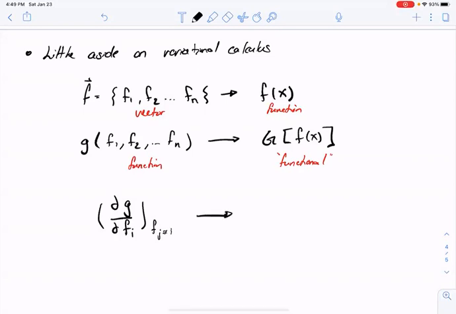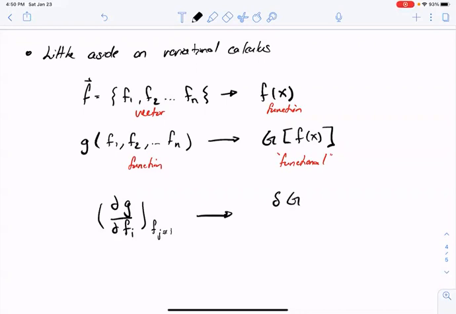The analogous operation in functional calculus would be to ask how does the number that g maps the function to change as I change the function f at x. To designate the difference between a normal derivative and a functional derivative, we usually use this little delta.